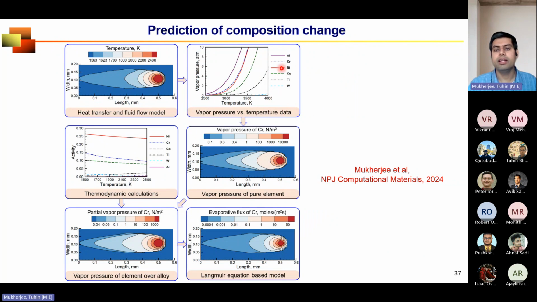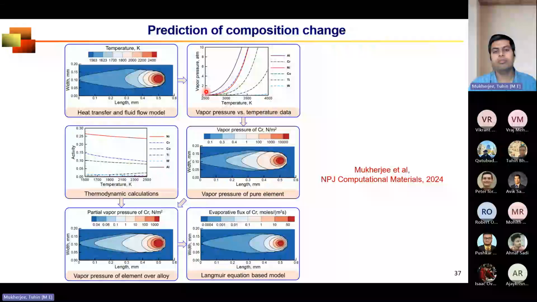In that alloy there is nickel and all other types of elements. We also published a database a couple of years ago, vapor pressure with respect to temperature. Now when vapor pressure is equal to 1 atmosphere just above the molten pool top surface, that pressure corresponds to the boiling point of that material.